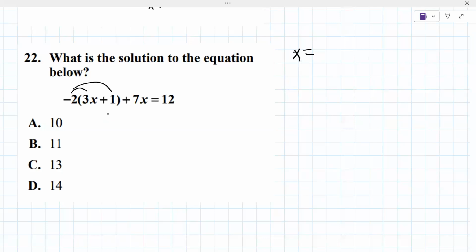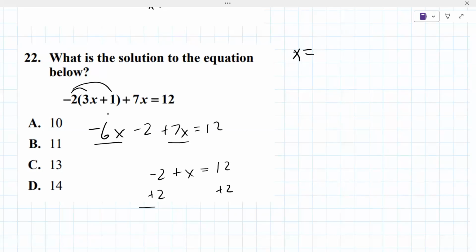That's what I did to try to solve it, and I got -6 plus -2 minus 7x. Sorry, plus 7x. Yeah, now if you combine these, you get -2 plus x equals 12. Add 2. So x equals 14.